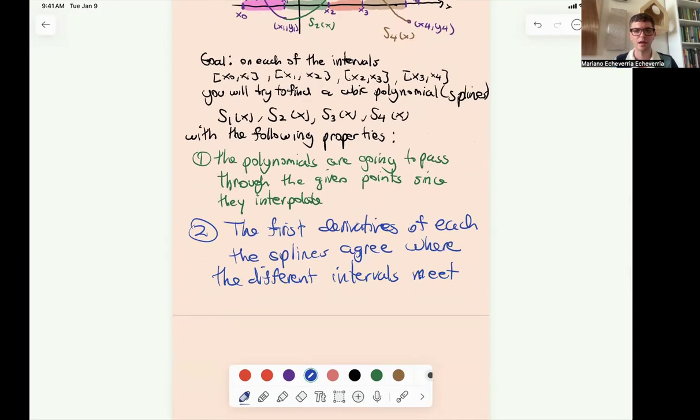And the last one, that the second derivatives of each of the splines agree where the different intervals meet. It's the same idea, but for the second derivatives.